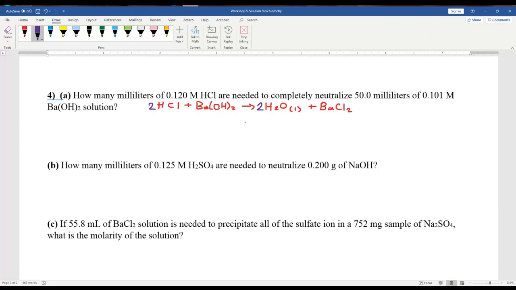So chlorine comes first, you balanced it with the HCl, and then oxygen would be the one you would balance next, if you're careful. Because in this case, now I have 2 oxygens on the left side, and so I would need a 2 in front of H2O. And then from there, you'd see that the hydrogen was already balanced. That would be the easiest way to look at this.